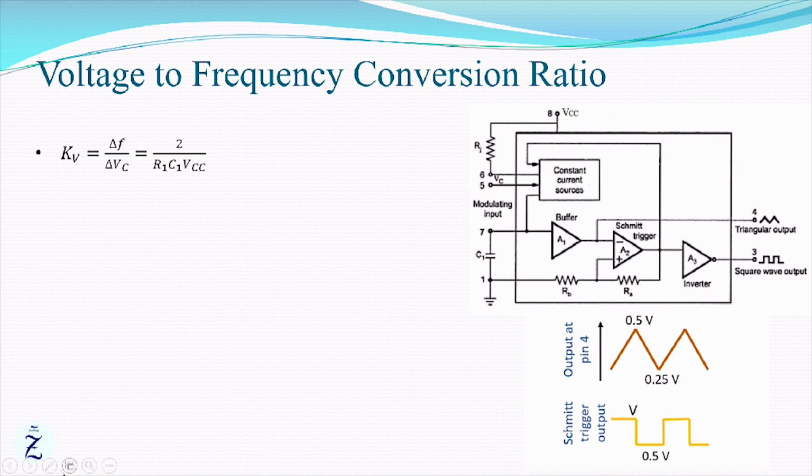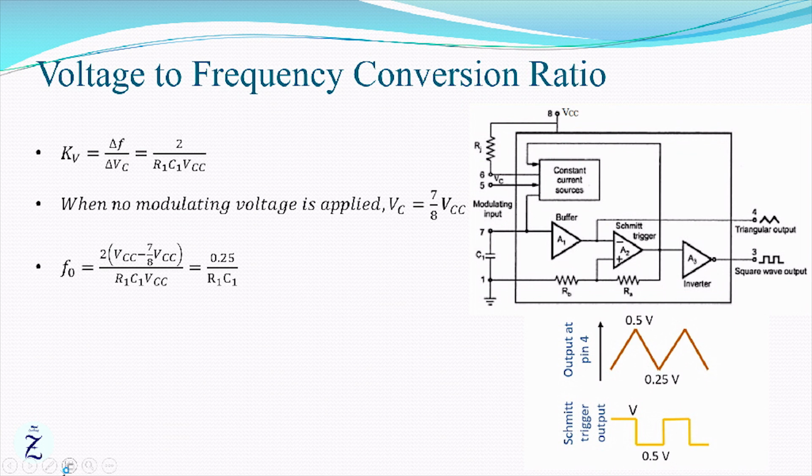When no modulating voltage is applied, VC will be equal to 7 by 8 into VCC. This is due to the internal circuitry of the IC. Apply this value in this equation, hence we will get f0 equal to 0.25 divided by R1 C1, or R1 C1 is equal to 0.25 divided by f0.